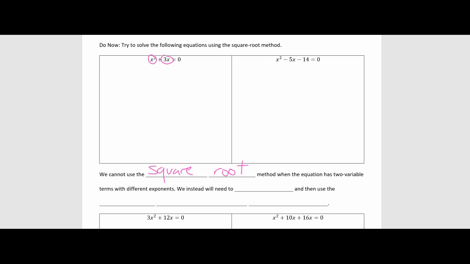We instead will need to factor and then use the zero product property. I know you don't know what that is yet, but hopefully you know what factoring is, and factoring will be our first step. So let's go ahead and look at an example here.